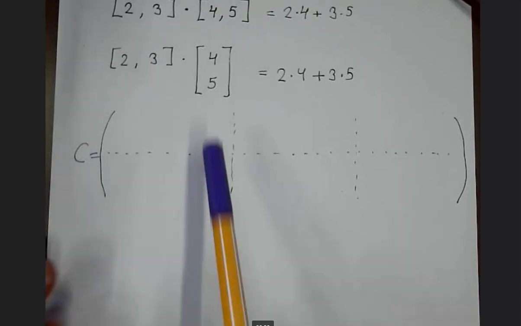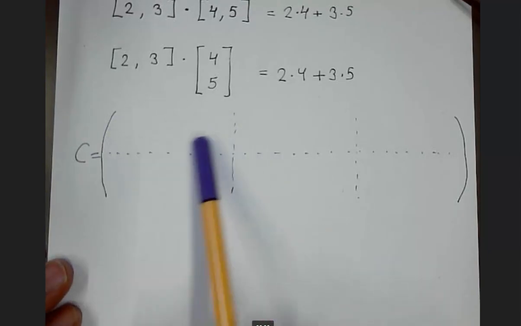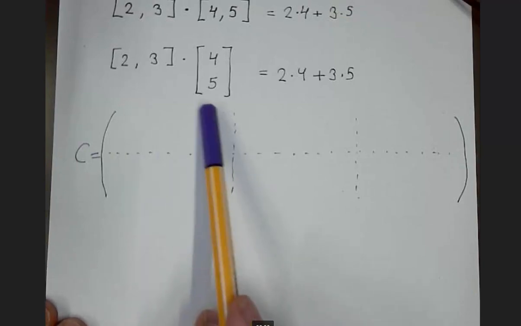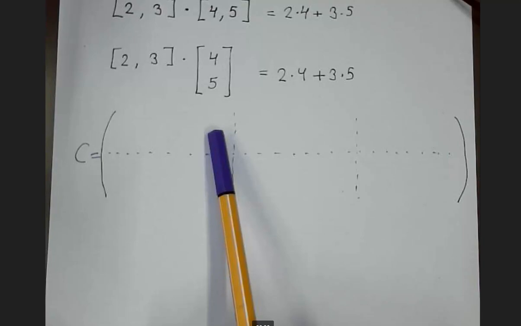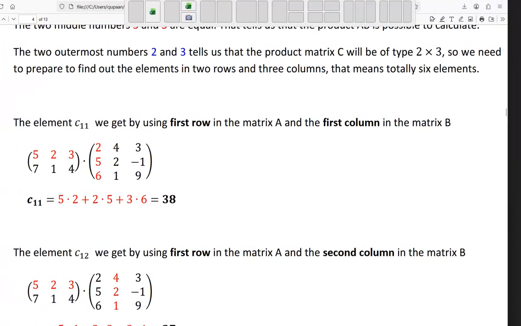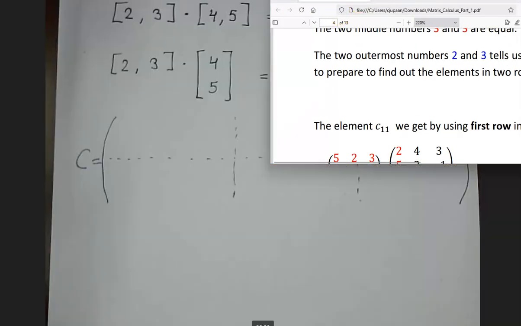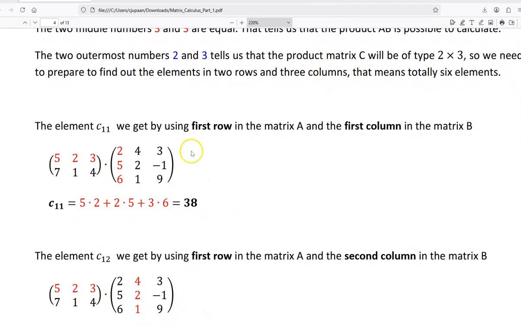And now if I start from this element in the product matrix, this element is located in the first row and first column. So this is element C11. And when I start to calculate that, in this example I have used the color to show how I calculate that.